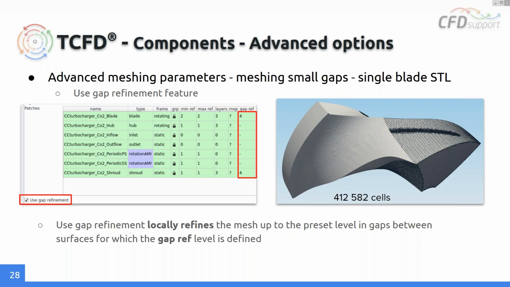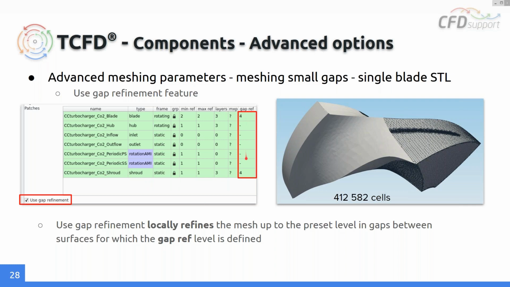Basically, because we would like to measure the gap between blade and shroud, if we set this gap refinement for these parts, then Snappy knows how to find these gaps and refine them locally.